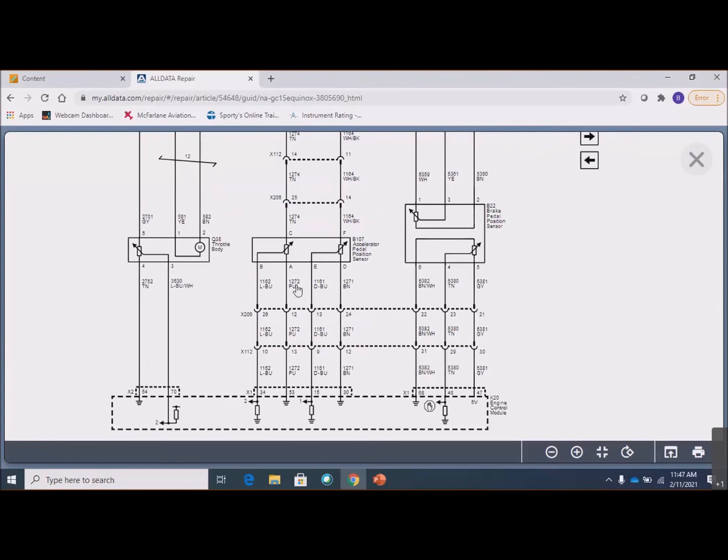What typically happens if it loses this sensor, if it doesn't know where it's at, is it's going to go into a special operating mode, a reduced power mode, where maybe it runs a little bit above idle speed. And that would be enough if it comes in on the tow truck and they dump it out in the parking lot. Maybe you can get in, it'll run a little bit above idle. You put it in drive, you can drive it into the shop, but the accelerator pedal will be useless.